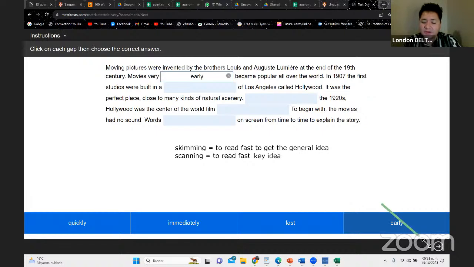Let's eliminate early. Do you agree? Do you agree with your partner? I agree because I don't see how we can use early in this sentence.